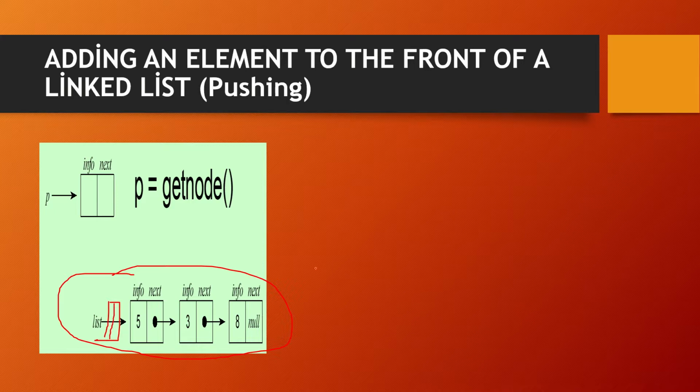First, we call the getNode function to take a node from the available list and provide its address to P. So we got a node whose address is in P, and this node has two parts, info and next.